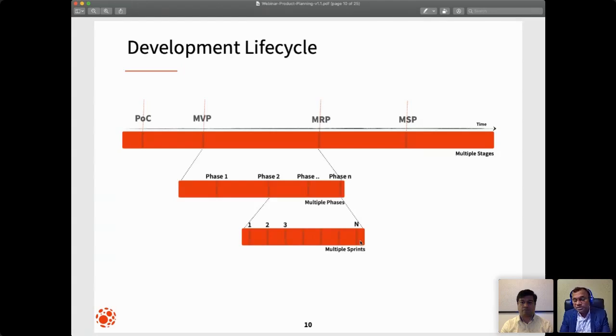And by the way, once that is identified, each phase breaks into multiple sprints. That becomes more tactical per se, and how we approach product planning really goes into prioritizing one Jira ticket over the other almost. So realize the nature of our product planning approaches when you do this.